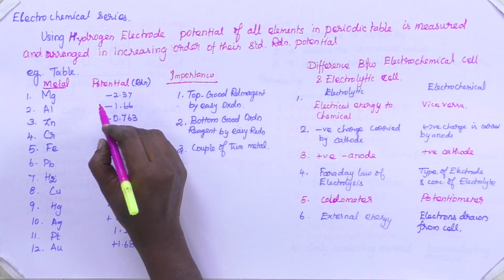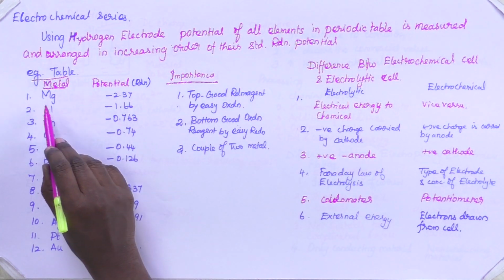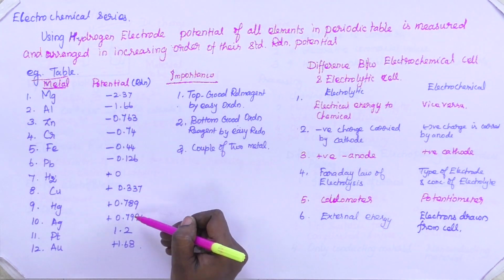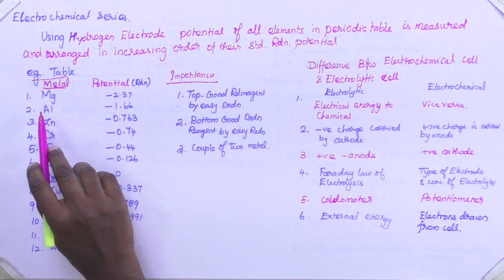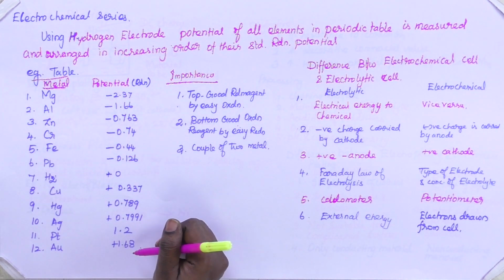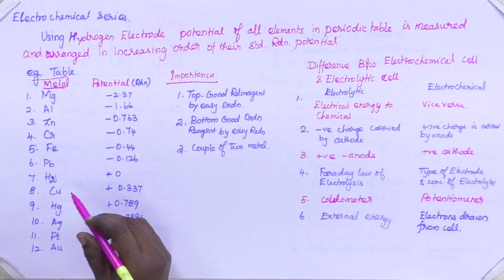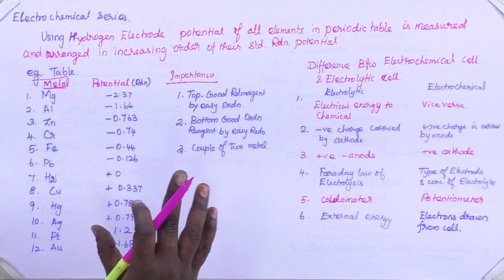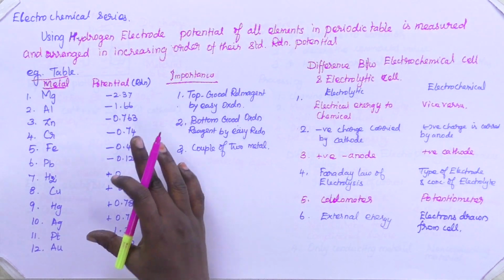Here I am giving you one example table, where the metal series and their reduction potentials are listed. We place the highest negative at the top and the more positive at the bottom. I am writing only 12 elements, which we most probably use in many examples.